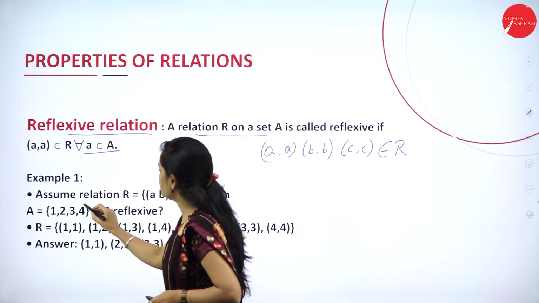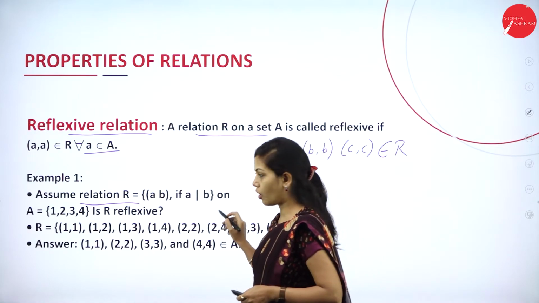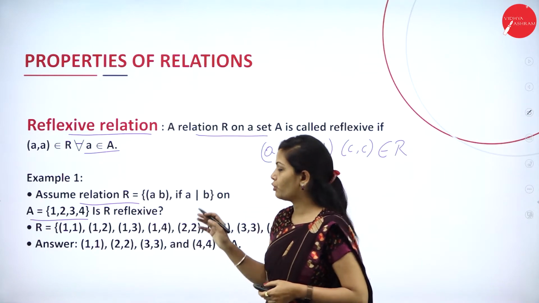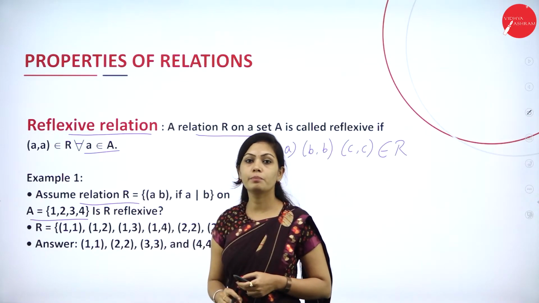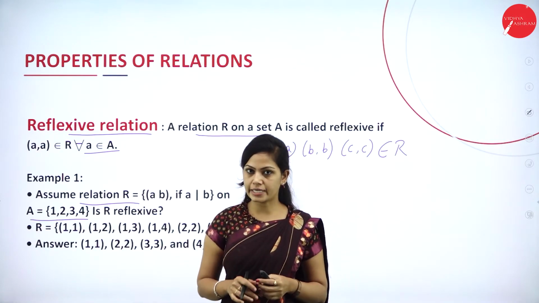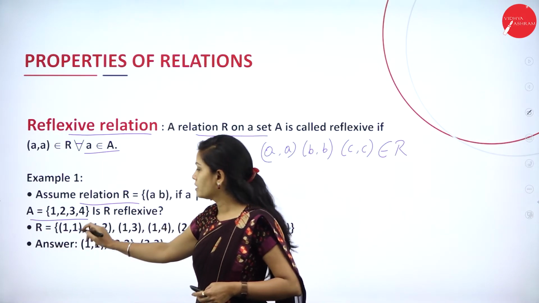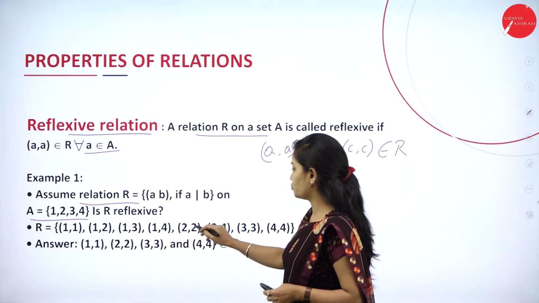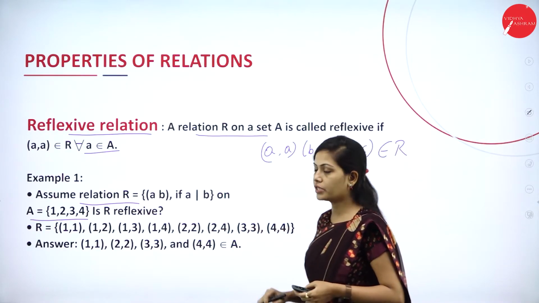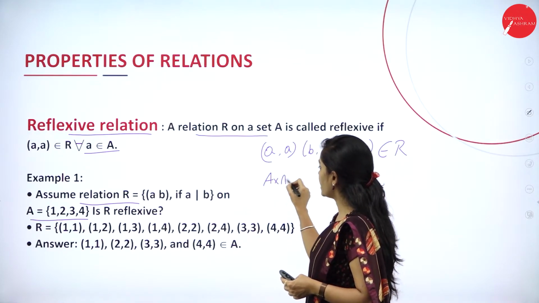Example: assume relation R is equal to {(a, b)} on A is equal to {1, 2, 3, 4}. Is R reflexive? You have to find the reflexive property. If they have not given the relation, you have to find A cross A first.